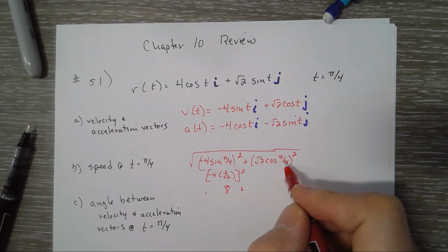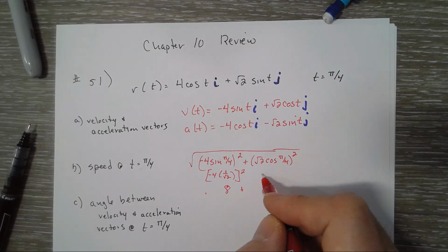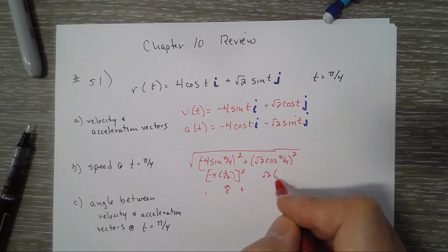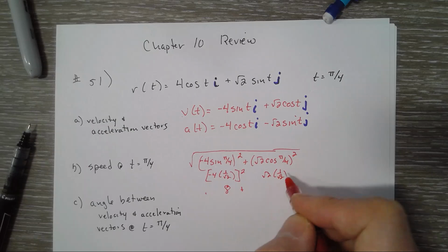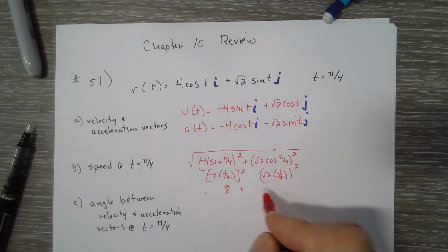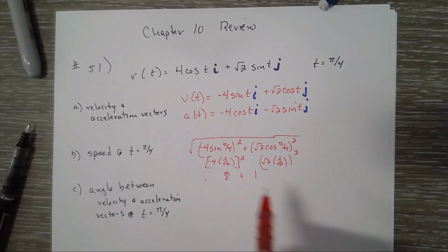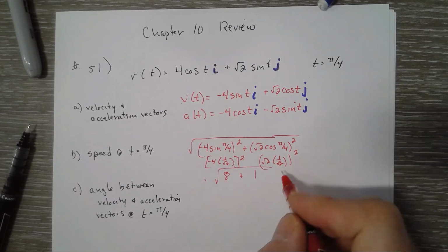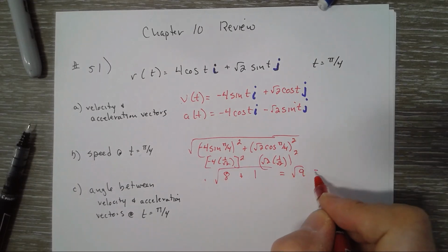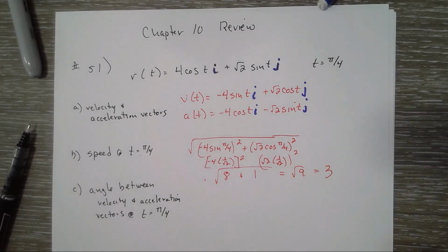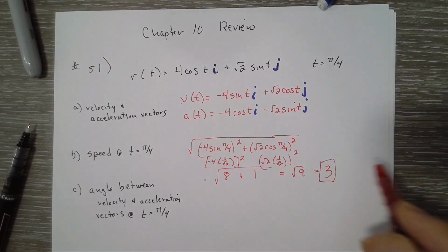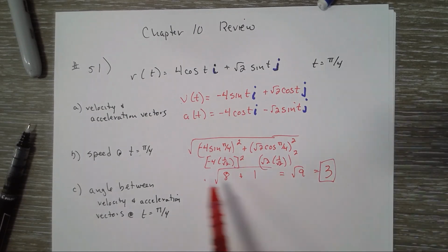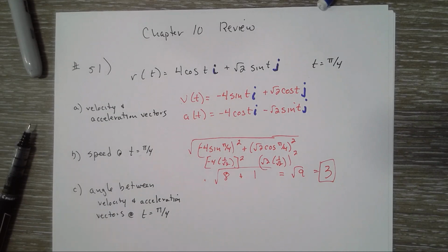Cosine of pi over 4 is also 1 over square root of 2, so I have the square root of 2 times 1 over square root of 2, which is just 1, squared, which is 1. So now we have 8 plus 1, which is 9, square root of 9, which is 3. So the speed is going to be 3 units per second, whatever it is, at pi over 4.